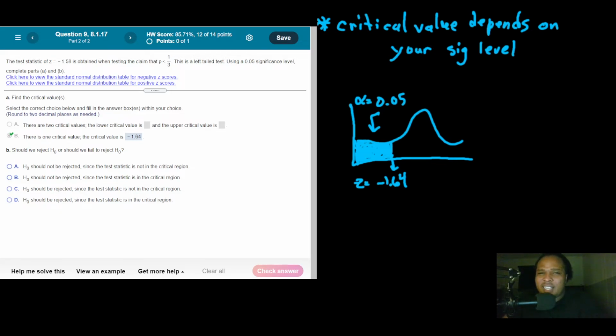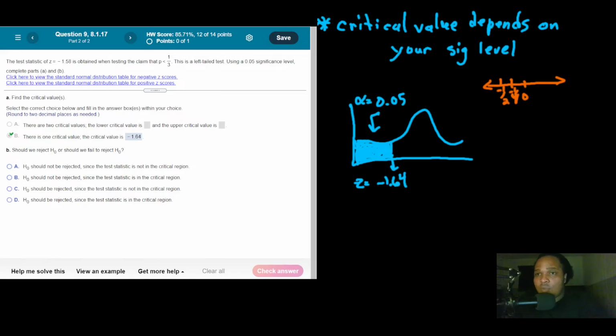But where would that lie? The test statistic z-score is negative 1.58, right? With respect to negative 1.64, is it going to be to the left or to your right? Well, if you recall your number line, you have 0 in the middle. And if you have something like negative 1/2 over here, and you have negative 1/4 over here, it's consistent.